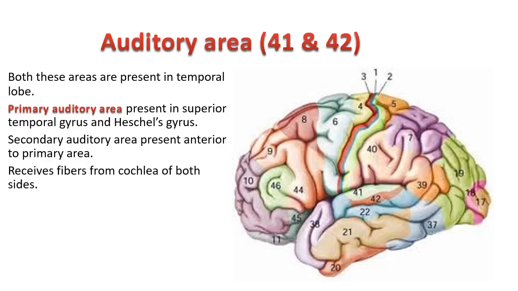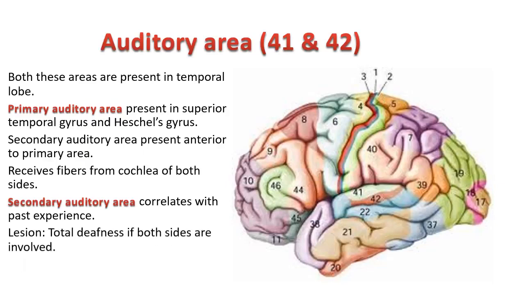Then you also have the auditory association area. Before that, the secondary auditory area correlates your past experiences, which are received from the primary auditory area. So it is stored actually in the secondary auditory area.